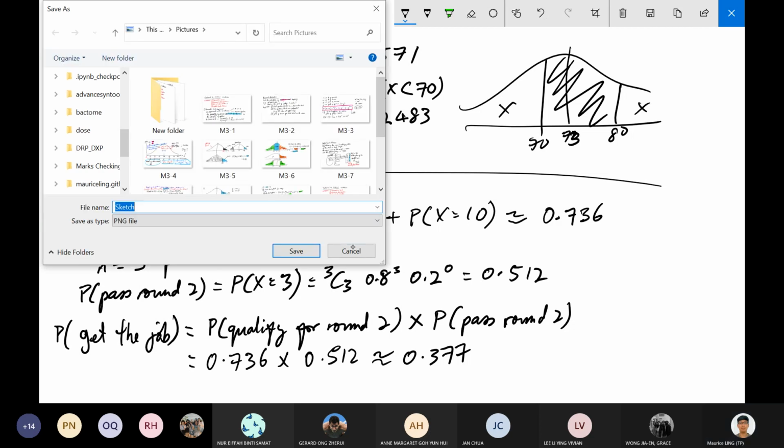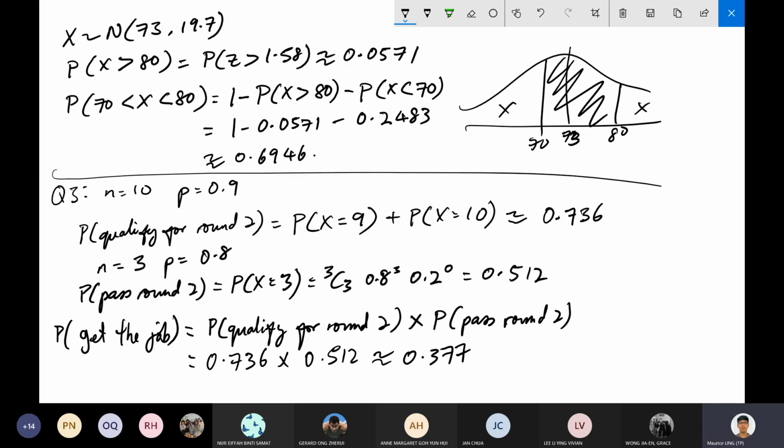The third step: the probability is actually 0.377. But what's the minimum number, that is more than or equal to 1, so that you have more than 98% chance of finding a successful interview, a successful person?